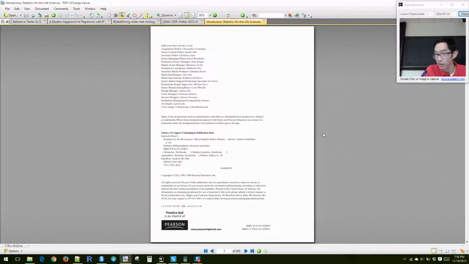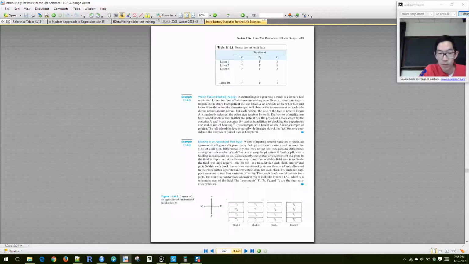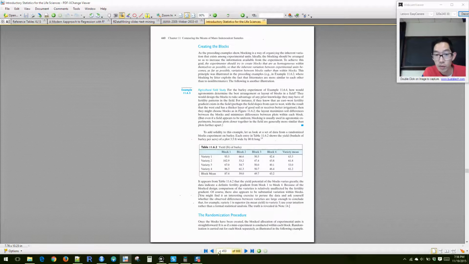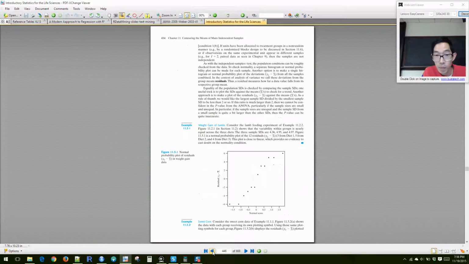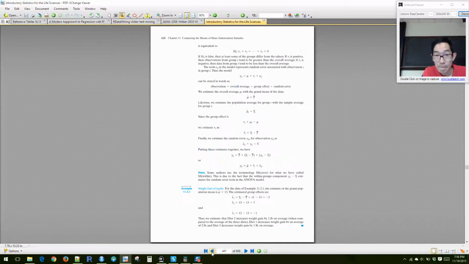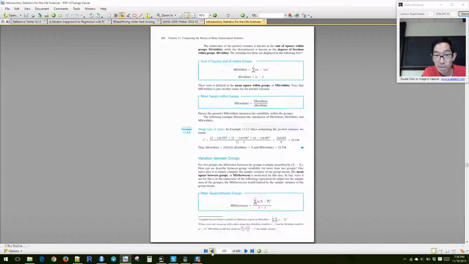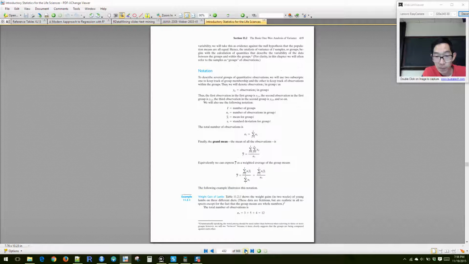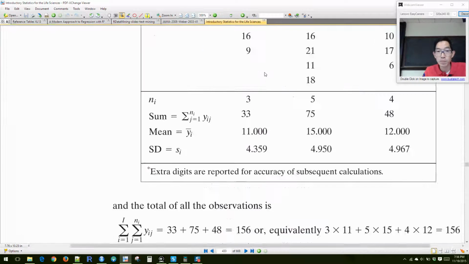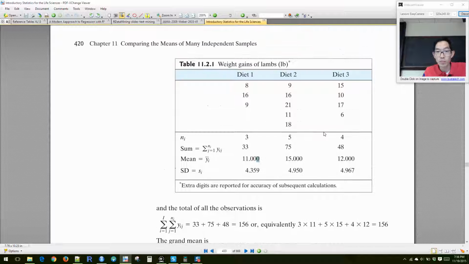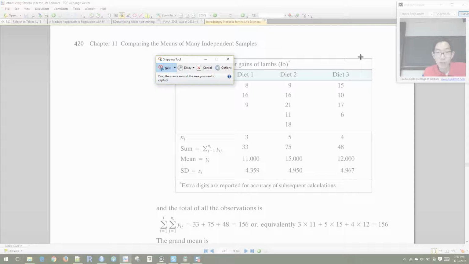This is the 4th edition, and let me jump up to here we are. Alright, so I'm going to copy this. I'm going to use this table of data.